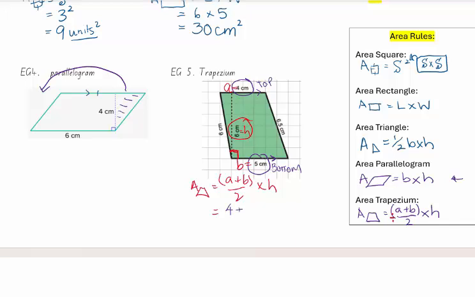What does B equal? 5. Divide by 2, so 9 divided by 2 is 4.5 times 6. So we'll put it in the calculator. So it equals 27. And look at that, the units are all in centimetres, so centimetres times centimetres is centimetres squared, so that would be the answer. I hope this is enough information to give you confidence to tackle the area problems on your own.